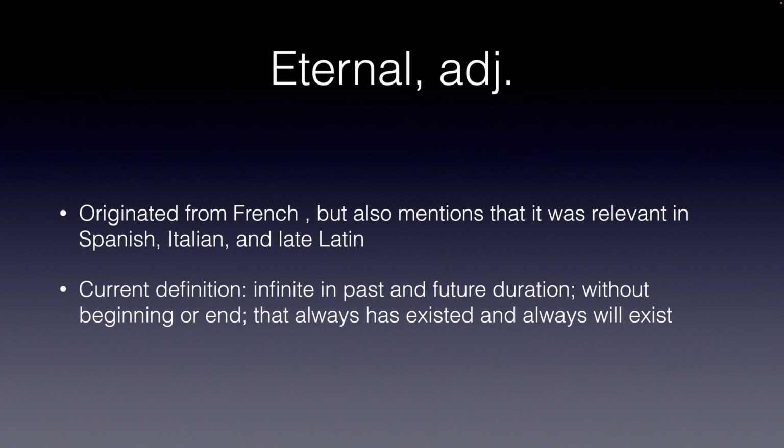The current definition is infinite in past and future duration, without beginning or end, that always has existed and always will exist. I thought that this showed that this is a great word choice on Shakespeare's part for what he wanted to get across for his Sonnet 18.